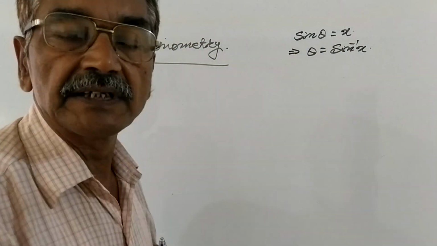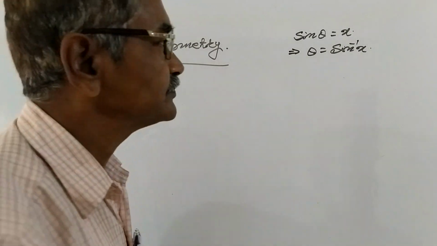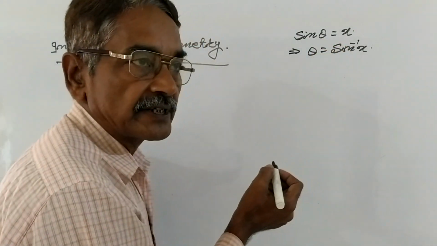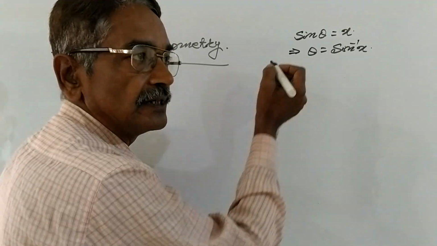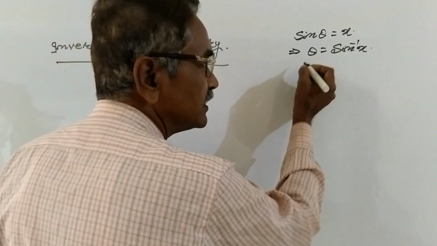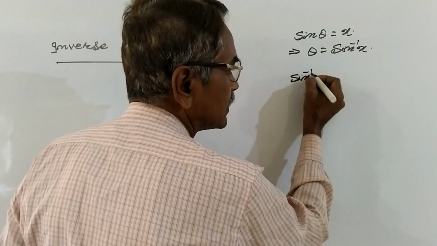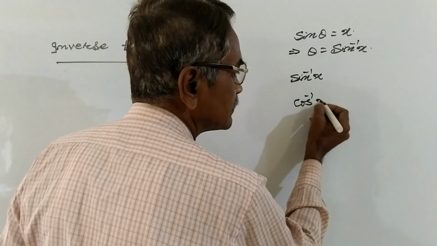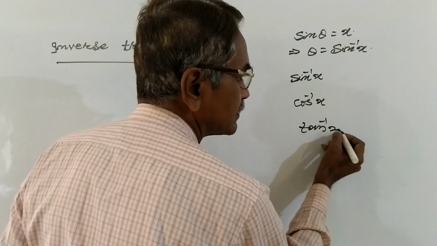Now some properties of inverse trigonometry. Before knowing the properties, we must know the domain and range of the inverse trigonometric functions, that is, for sin inverse x, cos inverse x, and tan inverse x.